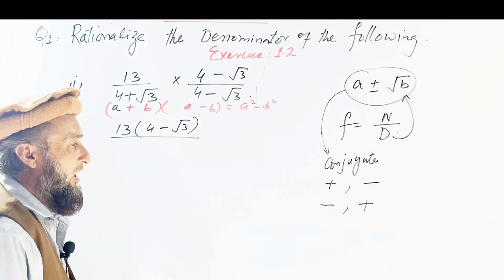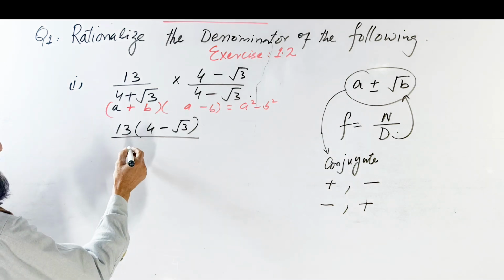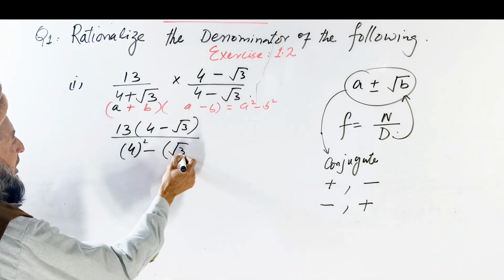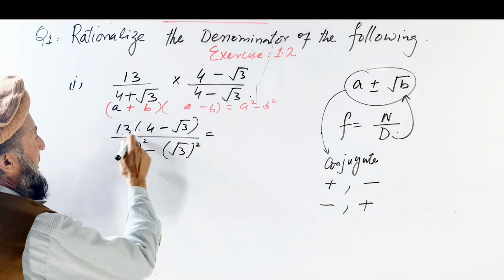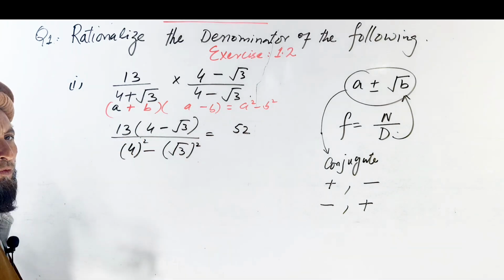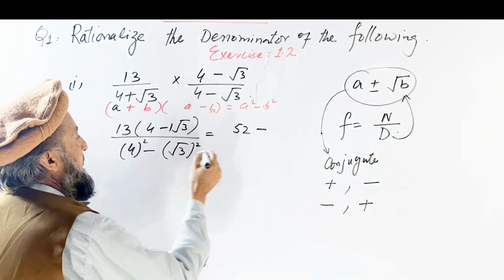According to this formula, we simplify. So a square minus b square. We multiply: 13 multiplied by 4, we get 52, minus, here the coefficient is 1.